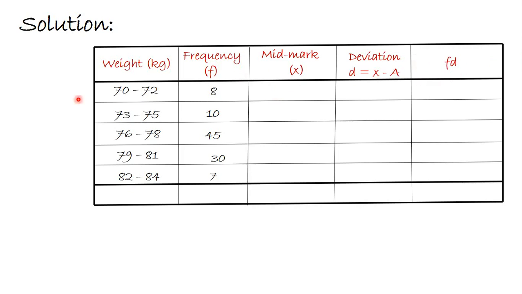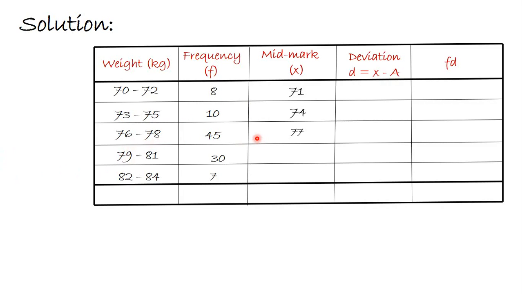The mid-mark, you remember, we get the lower class limit plus the upper class limit divided by 2. So we shall have 70 plus 72 divided by 2. That is 71. Then we have 73 plus 75 divided by 2. That is 74. Then we have 76 plus 78 divided by 2.